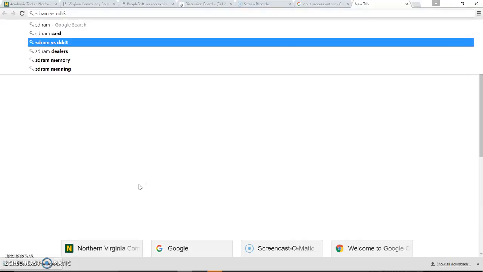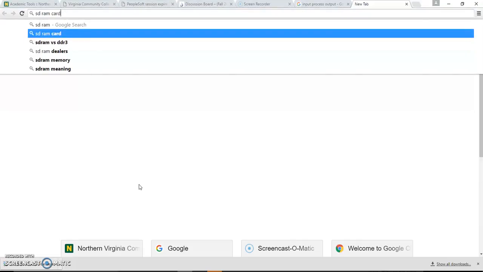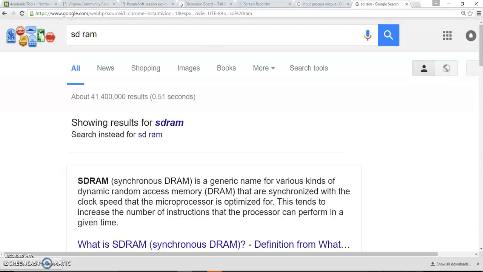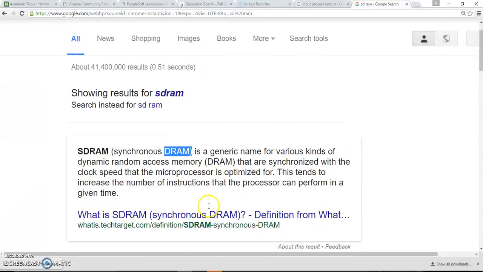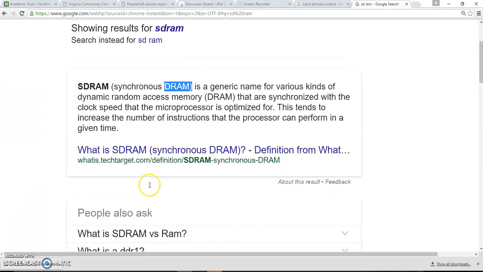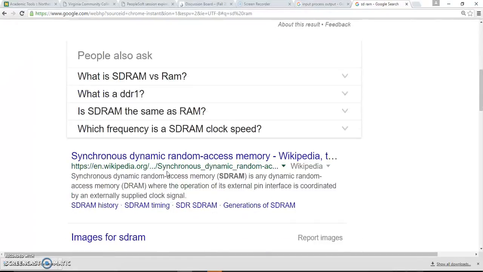We have SDRAM and DDR. Right, so let's just look at SDRAM. Synchronous DRAM. DRAM is a generic name for dynamic random access memory. So DRAM is dynamic RAM. S is synchronous. And we also have DDR.